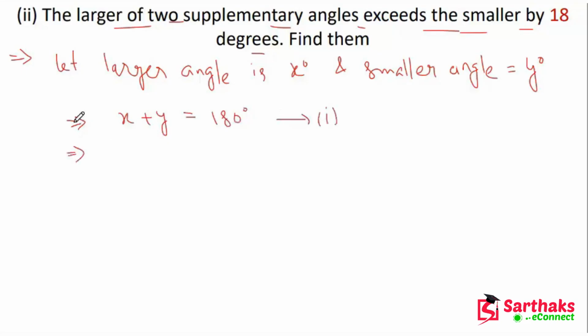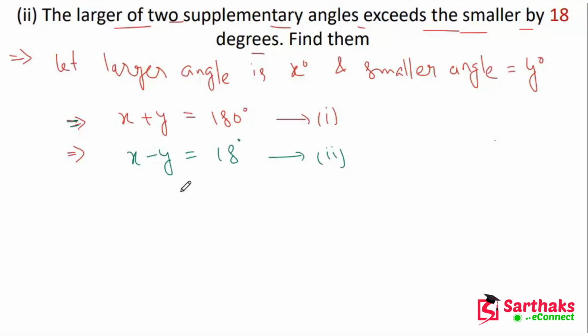And the second condition, what is the second condition? The larger of two supplementary angles exceeds the smaller by 18, means we have x minus y is equal to 18. This is our second condition. So by solving these equations, we can find the smaller angle and larger angle.